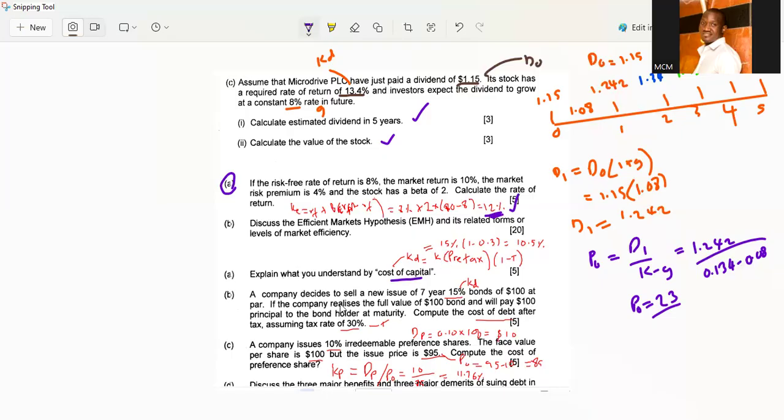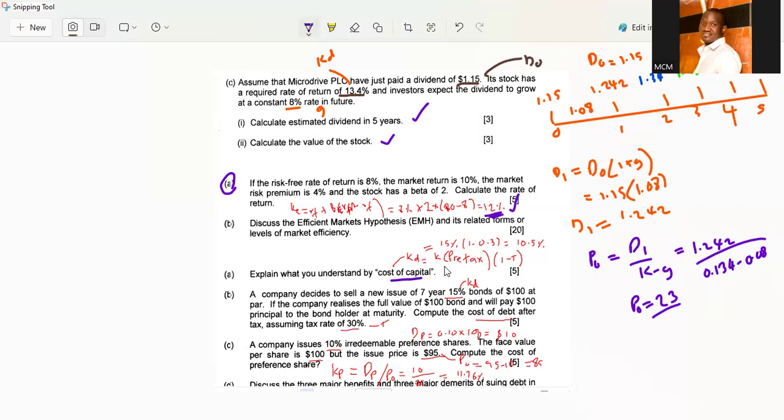Here we're given that a company decides to issue a 7-year bond at 15% with a par value of 100, issued at par. So the company realizes the full value of $100 and will pay 100 principal to the bondholder at maturity. Compute the cost of debt after tax, assuming a 30% tax.